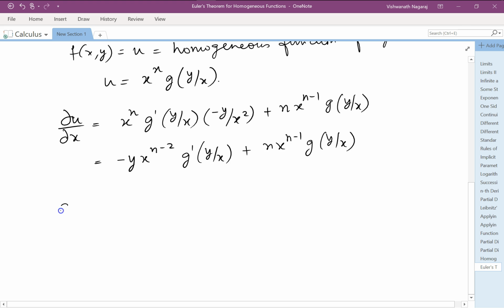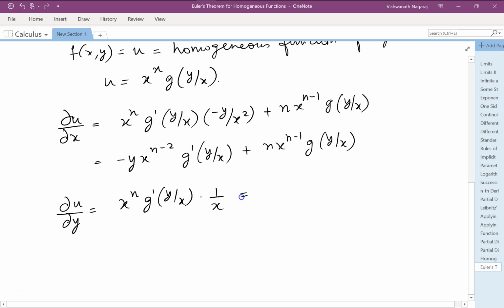Now let's partially differentiate it with respect to y. Now when we do that, what happens? x to the power of n is a constant, so we are left with x to the power of n g prime of y by x, and then we have to differentiate y by x, which is 1 by x.